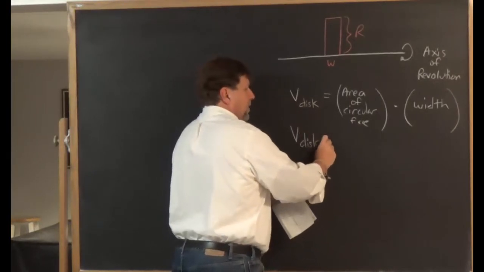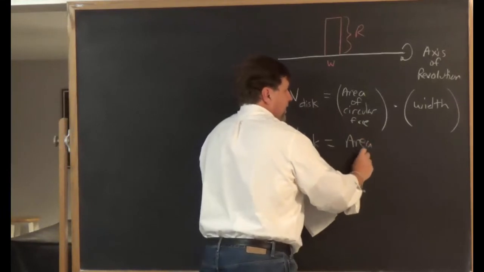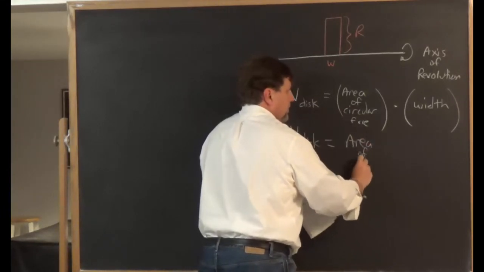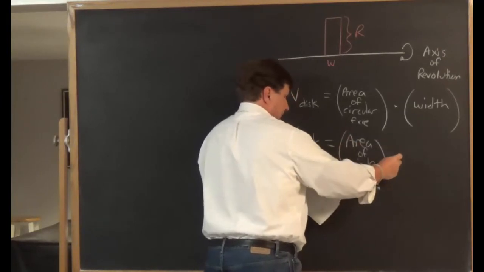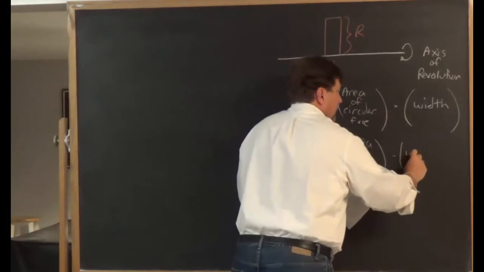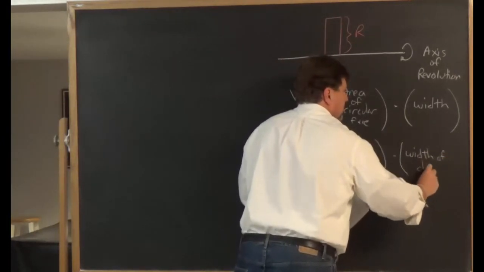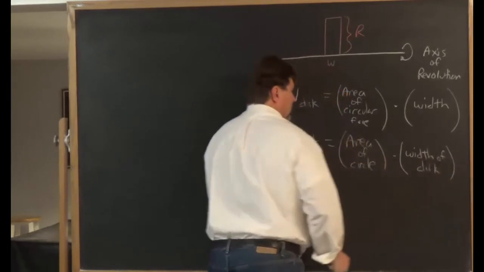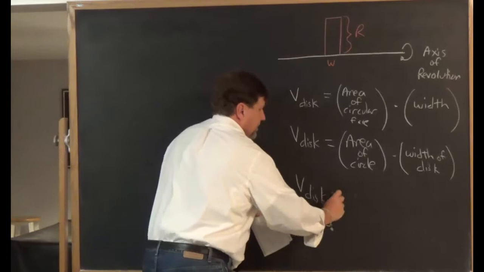Finding the volume of one disk: the area of the circular face, well, that's just the area of a circle, times the thickness or the width of the disk. So that's the volume of that one disk.